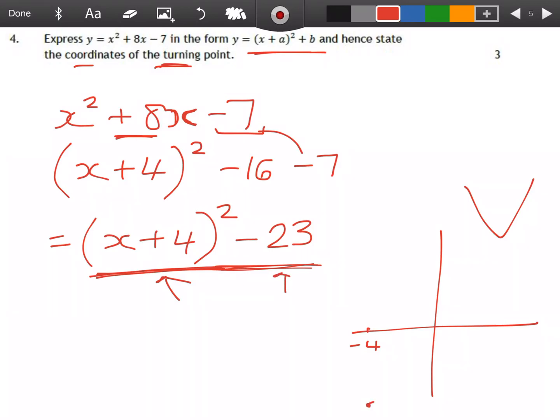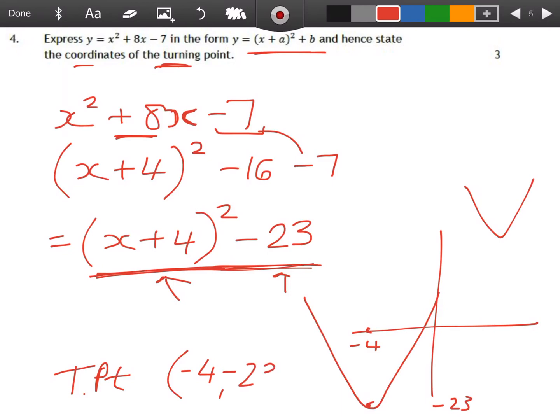So negative 4 on the x-axis and negative 23 on the y-axis. The turning point is basically negative 4, negative 23.